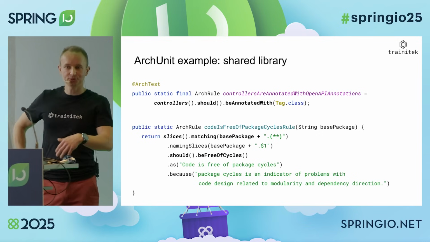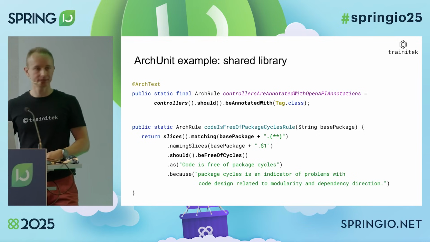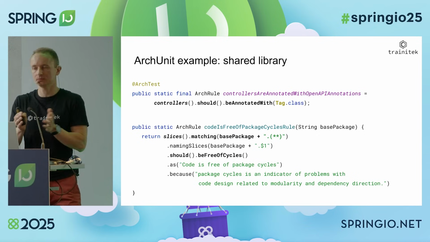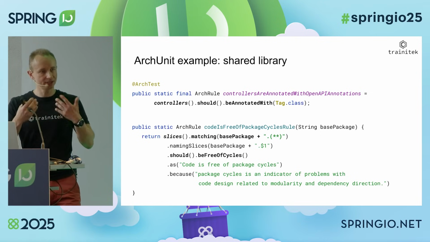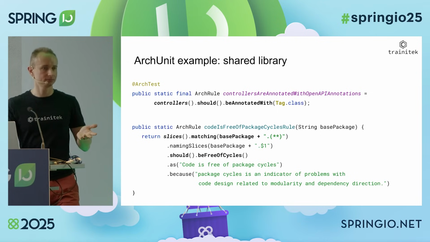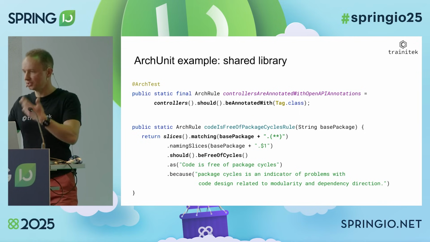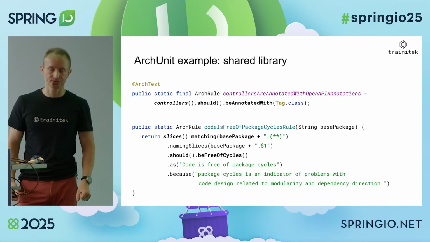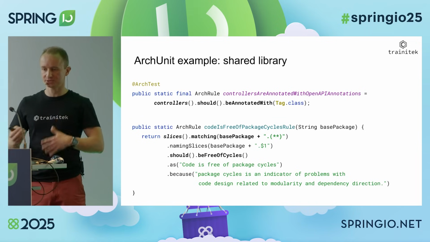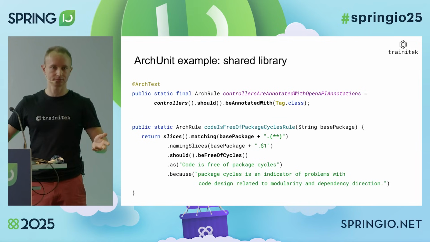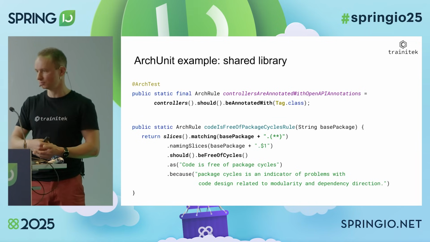So if you put it in from the start, because package cycles, what do they mean? They show that potentially you have issues with your design. Maybe it's okay, but potentially you have issues. And we have code which is free of package cycles everywhere, in the library and in the client projects.